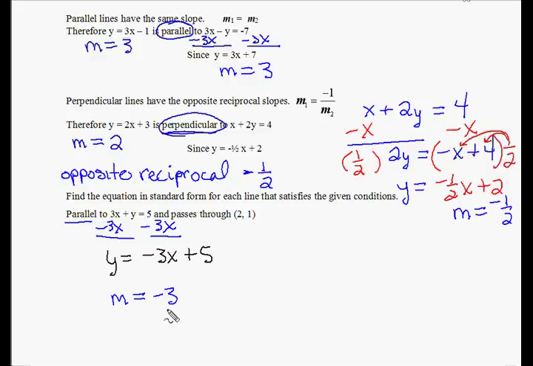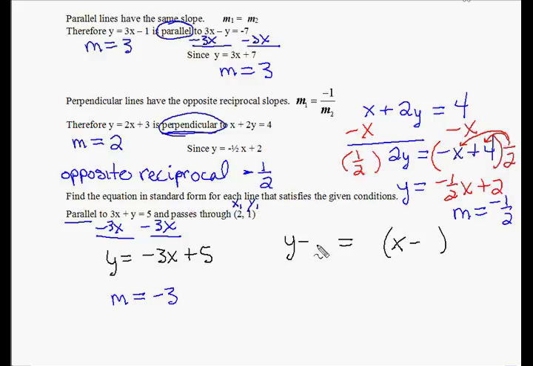To find the equation of the line, I'm going to use the point-slope form. Recall that point-slope form says y minus y sub 1 is equal to m times x minus x sub 1. Let's label the given point as x1, y1, and put those values into this equation.